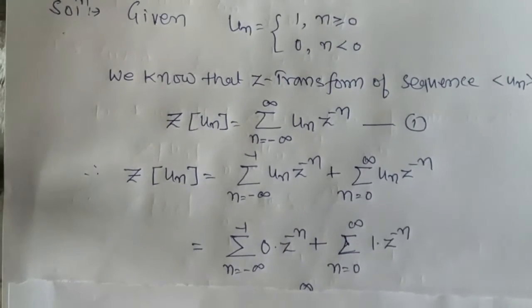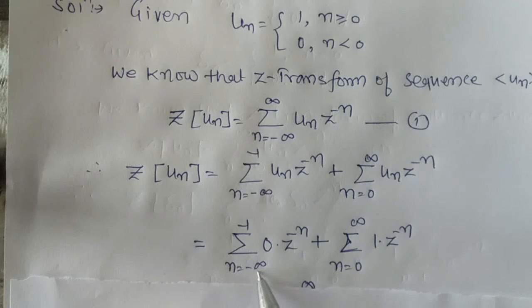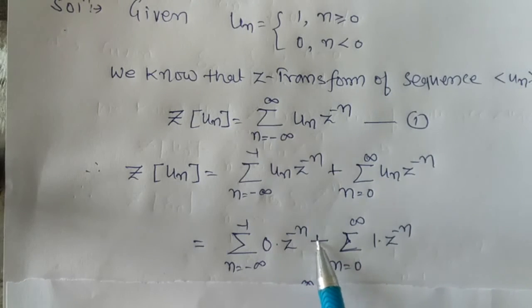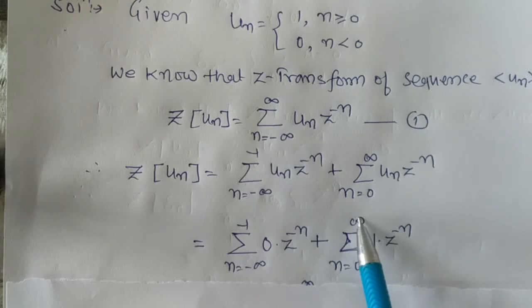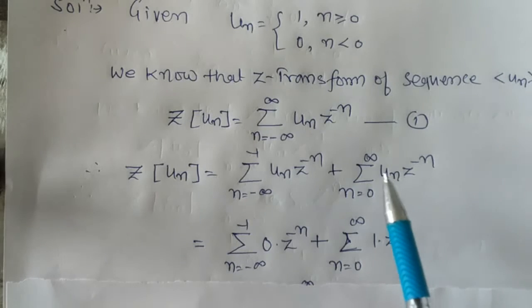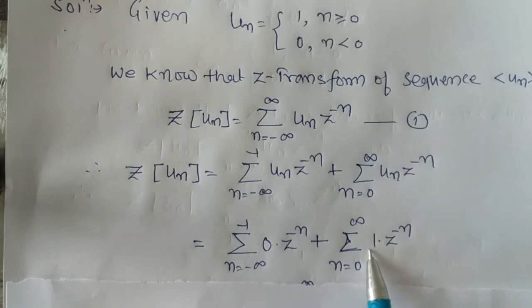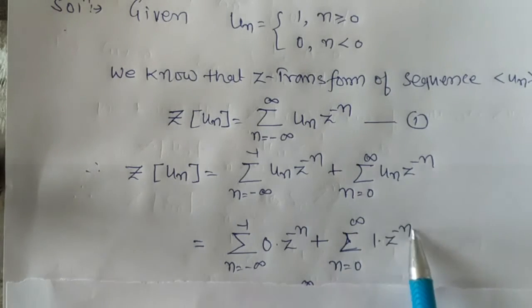So we get summation n goes from minus infinity to minus 1, the value of u(n) is 0 into z power minus n, plus summation n goes from 0 to infinity, and in the positive range of n, the value of u(n) is 1 into z power minus n.